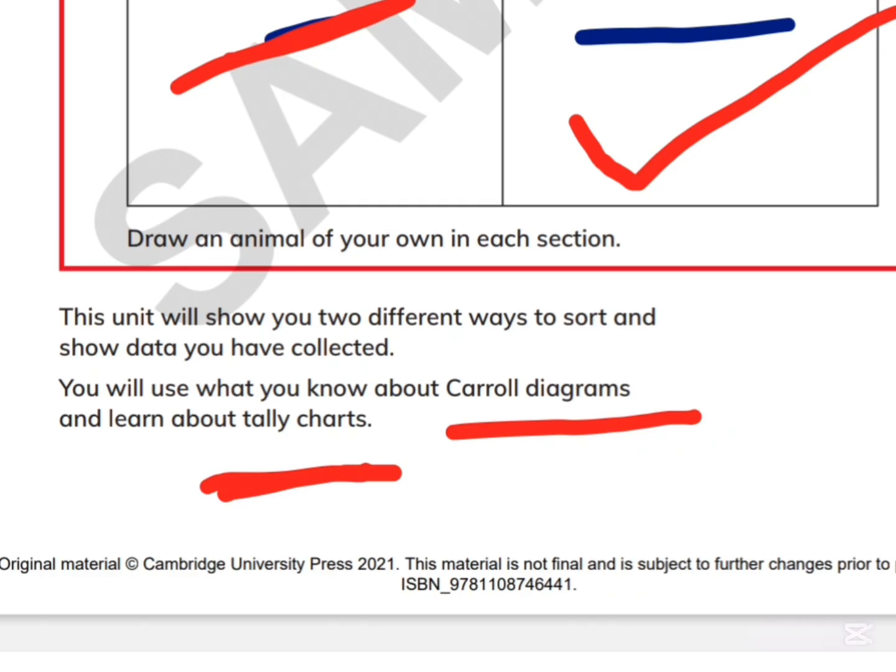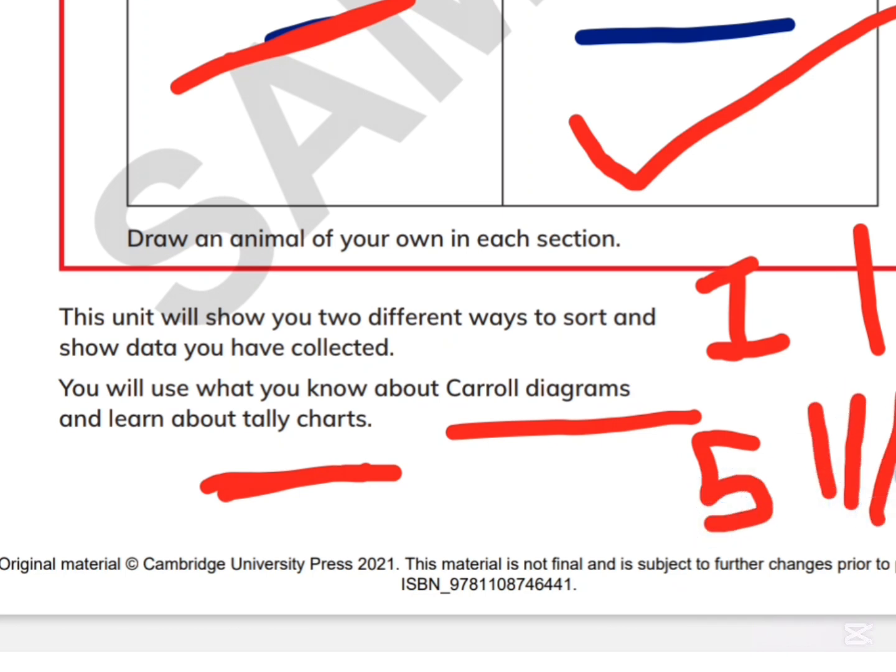Like I have told you, if I want to write 1 in tally, I will just make 1 line. If I want to write 5, I will make 4 lines and the fifth across them, and this is called 5. Okay, in tally numbers we will write like this.